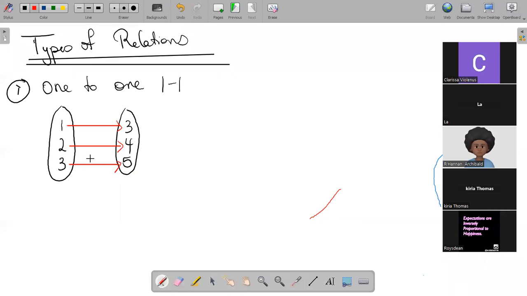Excellent. So I'm seeing persons sending what they're thinking. A one-to-one relation is when one number in the domain is connected to one in the range.